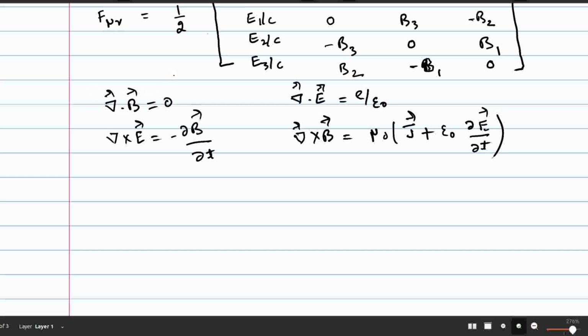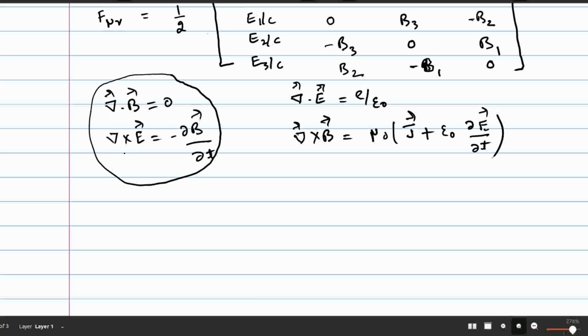Now two of these equations, these ones, result from the fact that B can be written as curl of A, since divergence of curl is 0. So this is an identity.